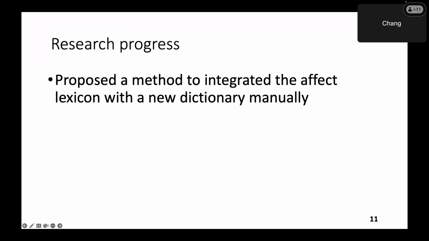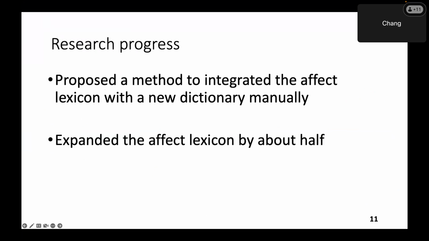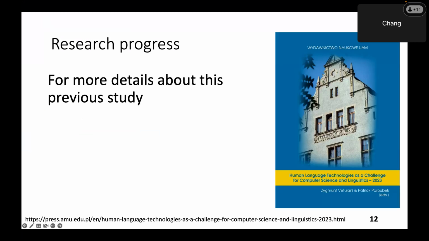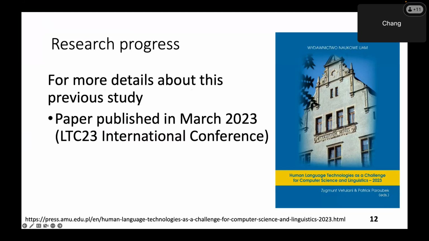According to my previous study, we have already proposed a method to integrate the affect lexicon with a new dictionary manually. As a result, we successfully expanded the affect lexicon by about half and improved the system performance by 2 percentage points. So if you want more details about this previous study, please refer to my paper published in March this year.